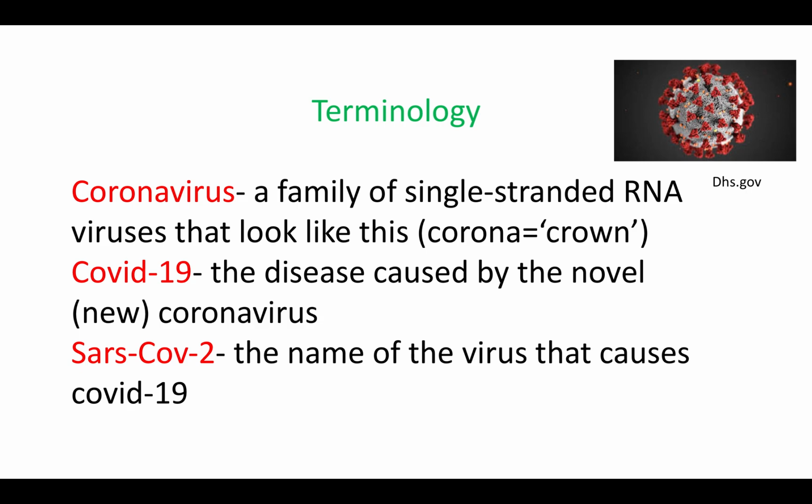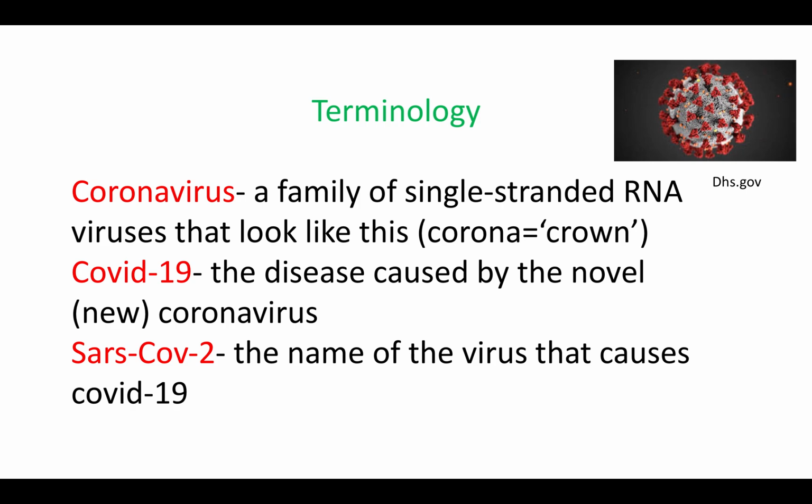SARS-CoV-1 was the epidemic from 10 or so years ago that caused death in mostly China, a little bit in Toronto, and that was SARS-CoV-1, a very similar genetically virus to this virus, and this is referred to as SARS-CoV-2.